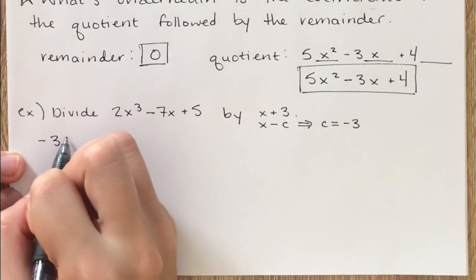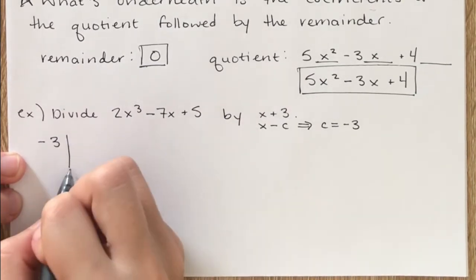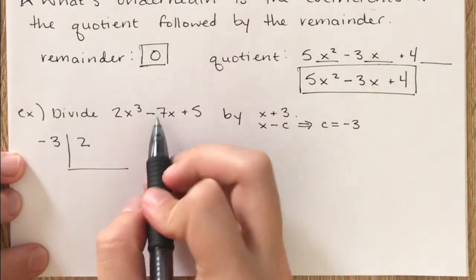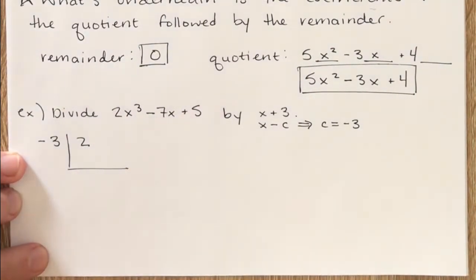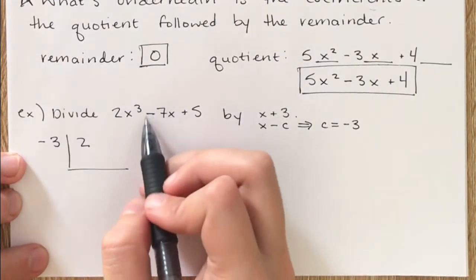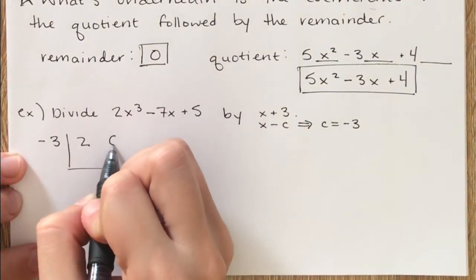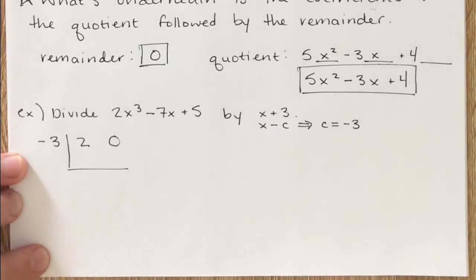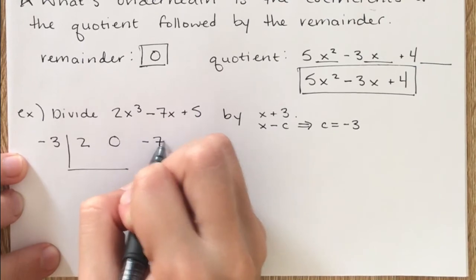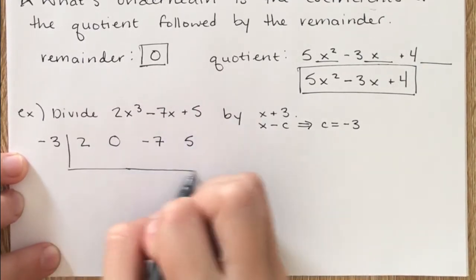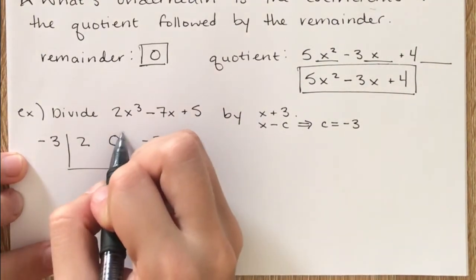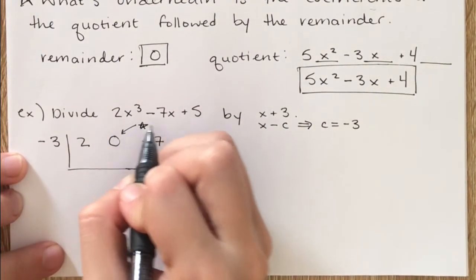We have -3 in the top left corner, and then our L shape, and then our coefficients. So we have 2. Notice our next term is -7x. Our first term was x cubed, so we're missing an x squared term. In this case, we also need to write a 0 term. So we have 0, -7, and 5. Placeholders matter here also, so we need to add in a placeholder 0.